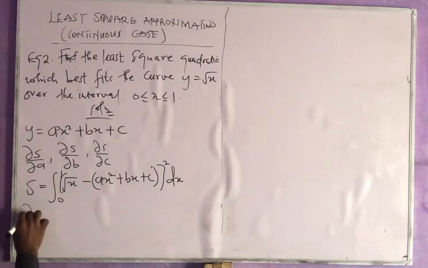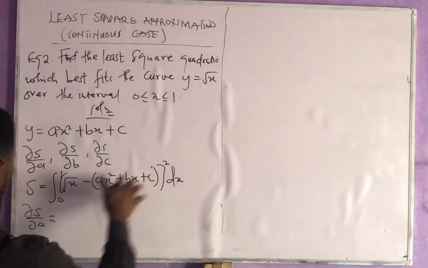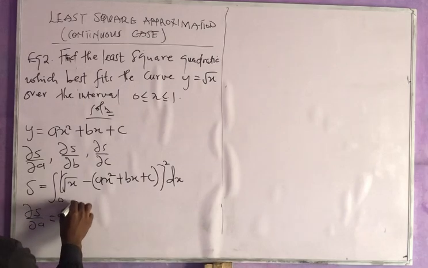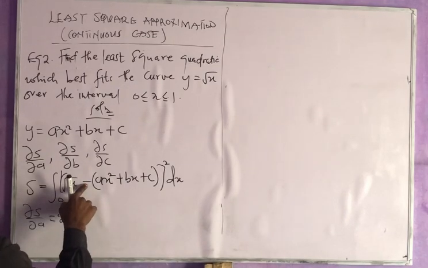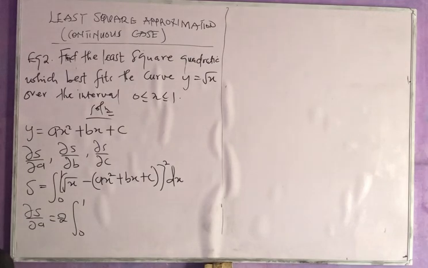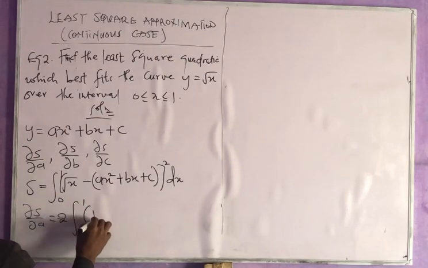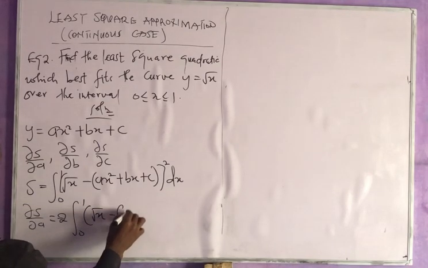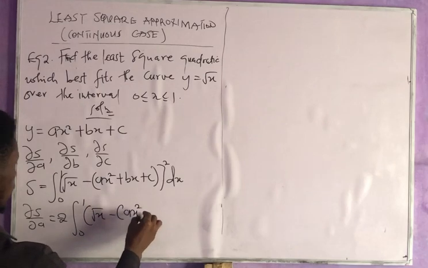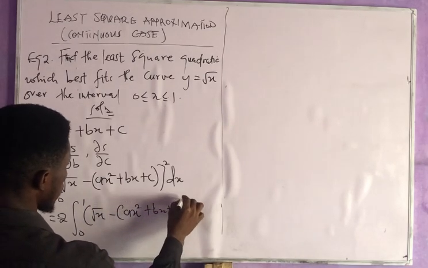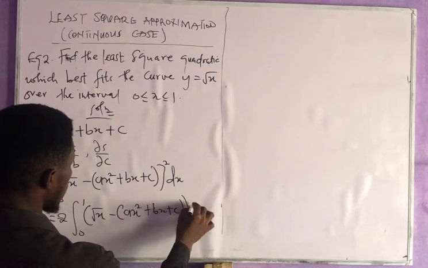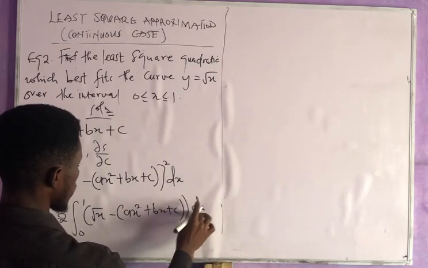So first I'm going to find the partial with respect to a. Looking at this, the 2 will come here, starting from 0 to 1. You know, this negative is affecting, so let me bring the negative there, and repeat whatever that is here, root x minus ax squared plus bx plus c, dx.